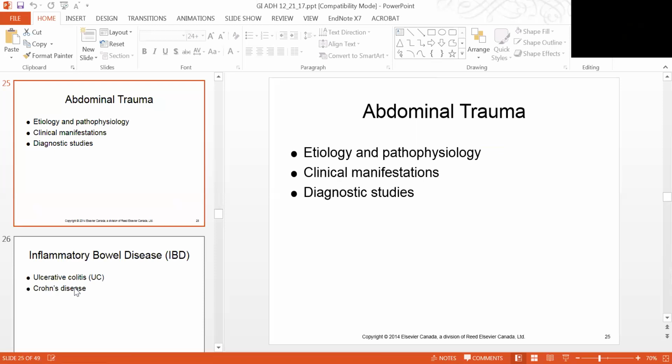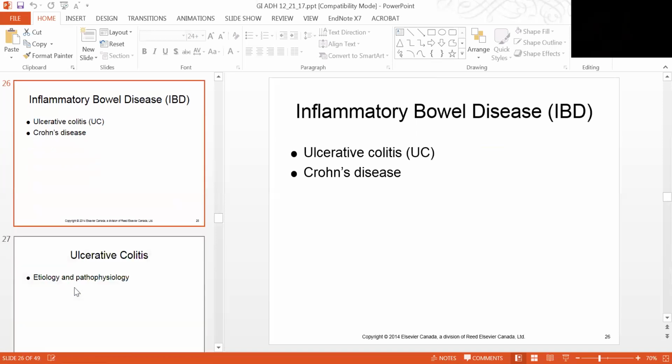But most important, they're going to focus on their ABCs, which is airway, breathing, and circulation, making sure their vital signs are maintained stable. Remember that golden hour, and that is so true. We need to keep the patient fluid resuscitated so that they don't deteriorate into shock. So we've talked about the laparotomy, and I think that's pretty much the abdominal trauma.